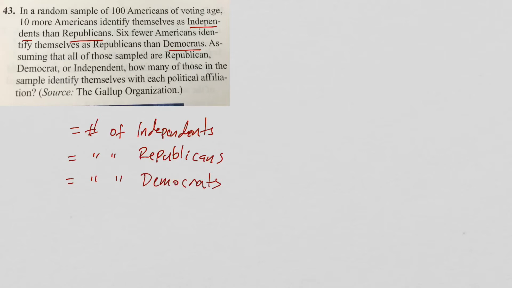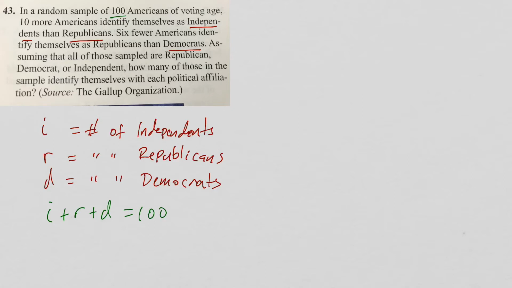So let's call this R, D, and I. Okay. I know that there's 100 total voters. So that's one equation. I plus R plus D equals 100.